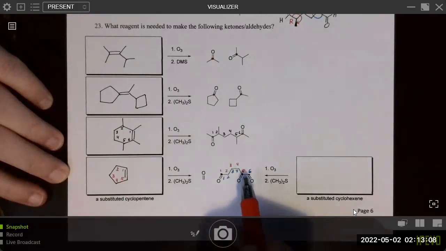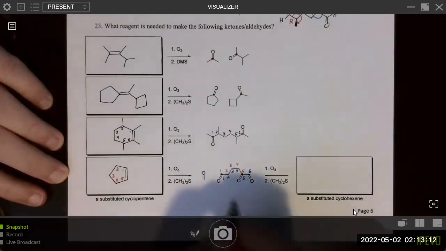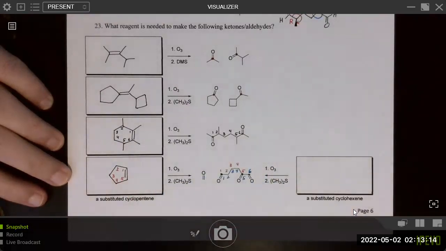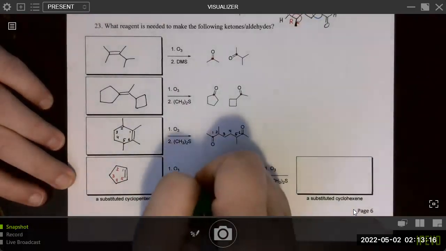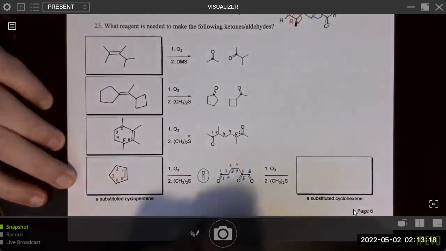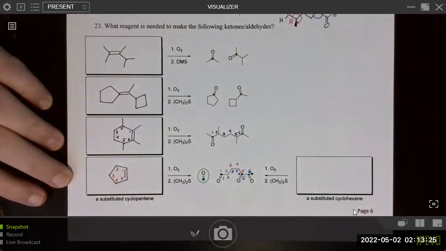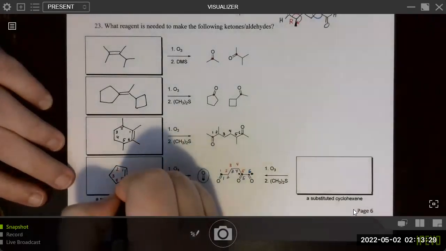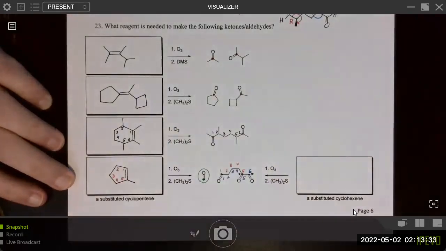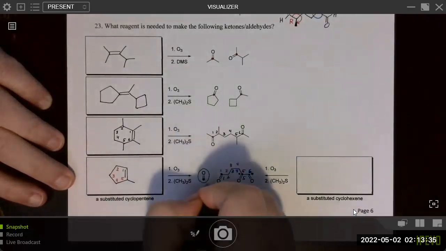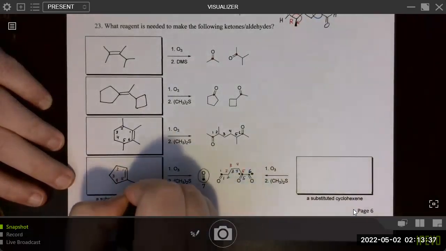And then 5 will be attached at carbon 6, which also needs to get attached to this here. This one can either attach to number 6 or number 5. In this case, it's going to be number 6, which is going to be double bonded. Let's call this carbon number 7.